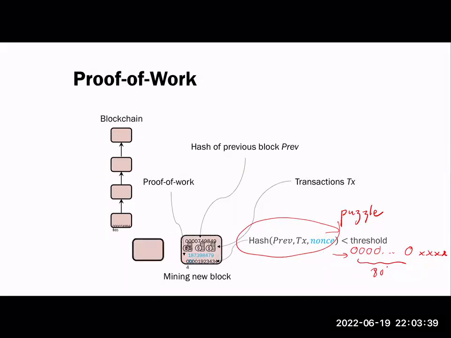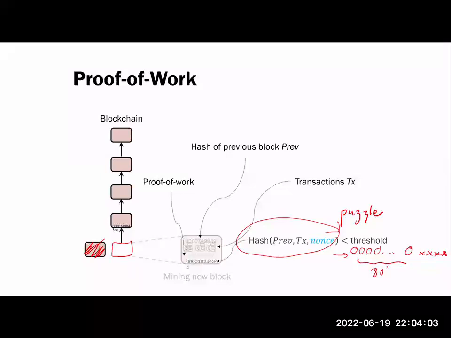Sorry about this error here. It should not be here, it should be here. What they can do now is propose this block to the rest of the nodes in the network. The other nodes who receive this block will check whether this puzzle is solved.